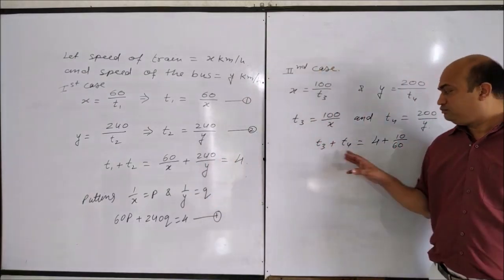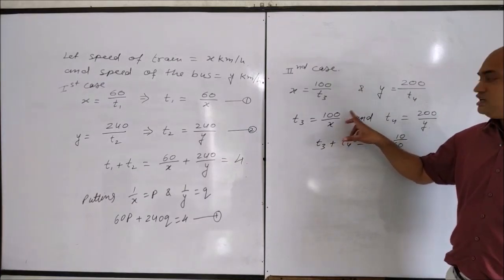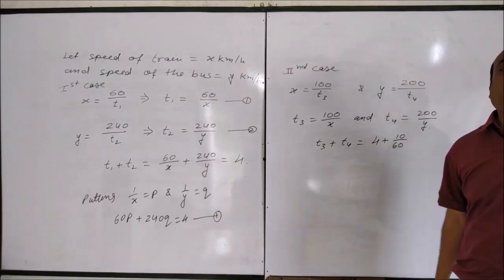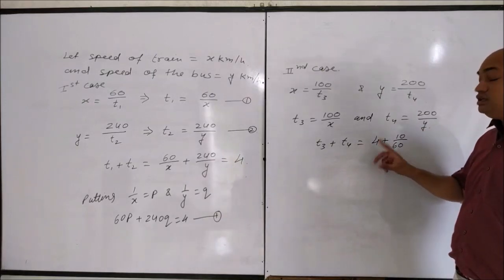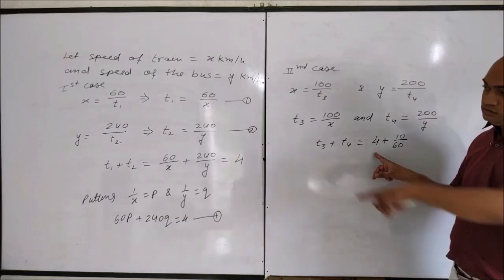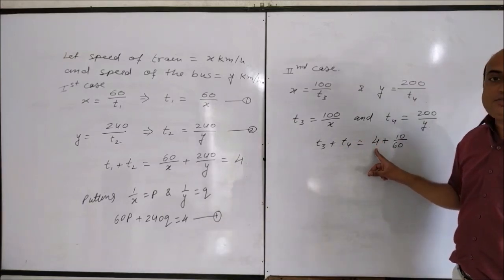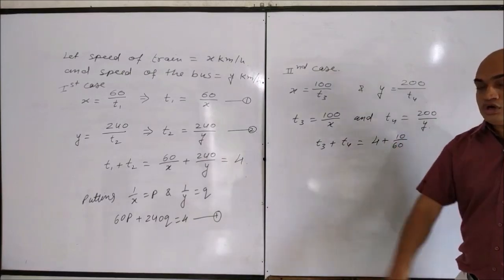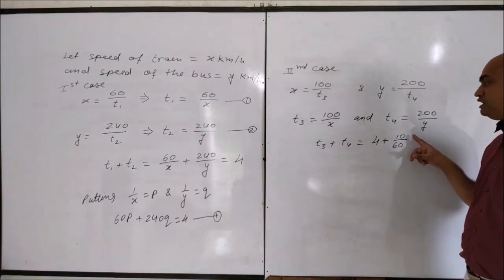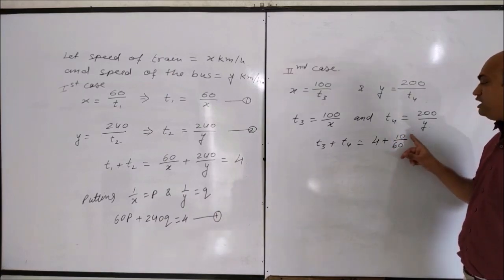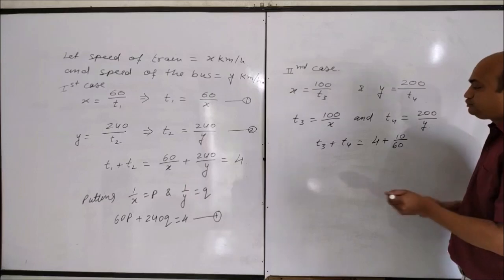If she travels 100 km by train and 200 km by bus, she required 10 minutes longer. Initially, in that case, the time required was 4 hours and now 10 minutes longer. So 4 hours plus 10 minutes. You see, this 10 minutes we convert into hours by dividing it by 60.